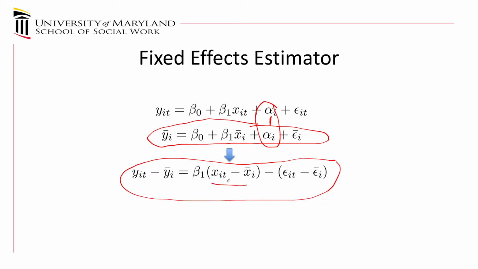So it's the difference from the mean. This is the mean. This is the difference from the mean. And this coefficient represents the change from the mean and its effect on the change in y from the mean. So it changes the thing that we're doing a little bit, but it provides a whole bunch of really nice features when we're estimating fixed effects models.